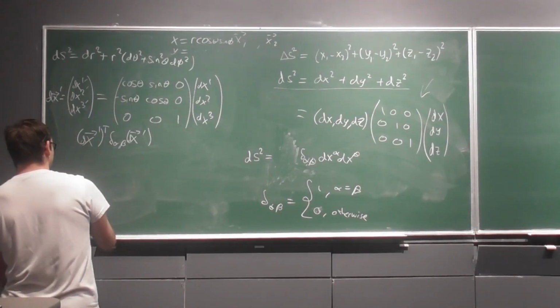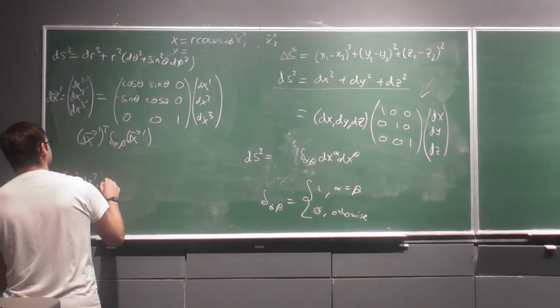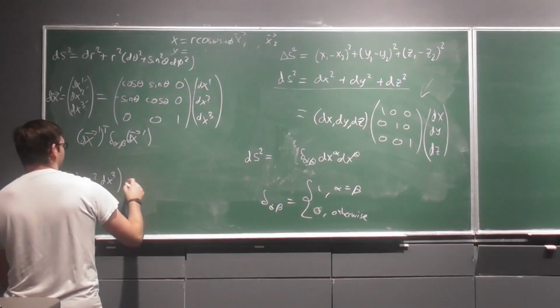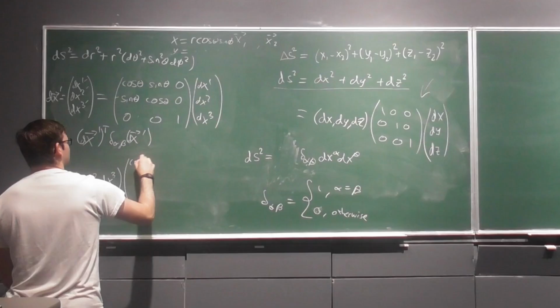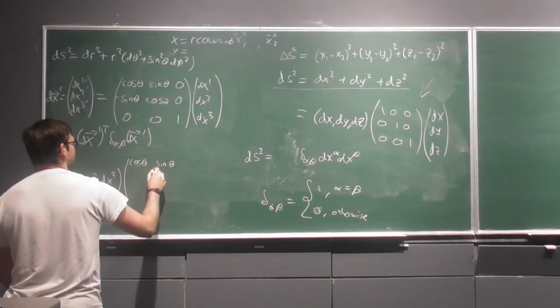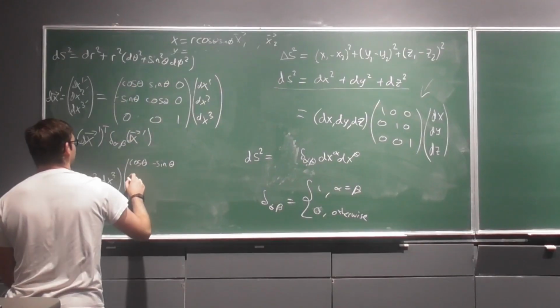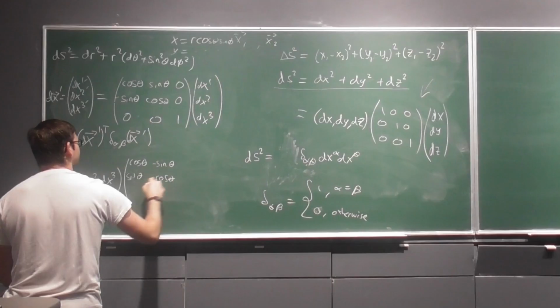So that's going to give me the regular vector down here, dx1, dx2, dx3. And then the transpose of this matrix. So cos theta, sine theta, minus sine theta, because the minus will go up here. So the transpose: sine theta, cos theta.